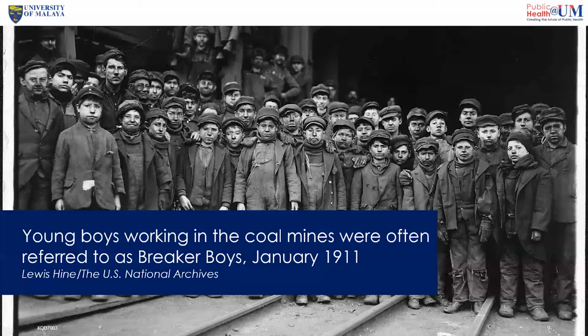So the thing is that when industry starts, usually people are not clear about what is happening. They don't know what is dangerous and what is not. They don't know the limit of what a child needs, what kind of protection a child needs, or what kind of protection a worker needs. So who actually protects the children?